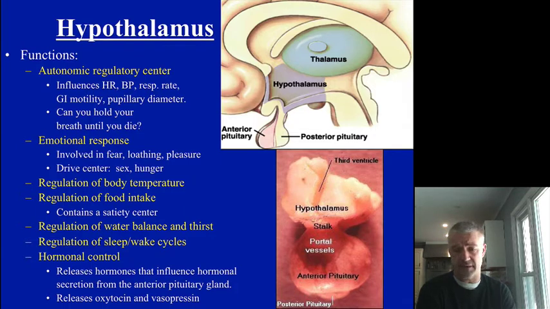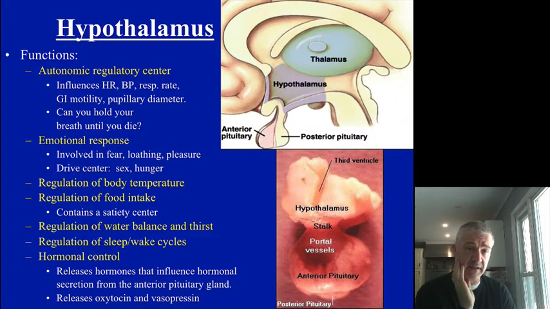The hypothalamus, the easiest way to think about this one is that it is really kind of your homeostasis center of the brain. So this is doing a lot of autonomic function, so controlling a lot of the autonomic nervous system. So with influence in things like heart rate, blood pressure, respiration rate, how dilated your pupils are.